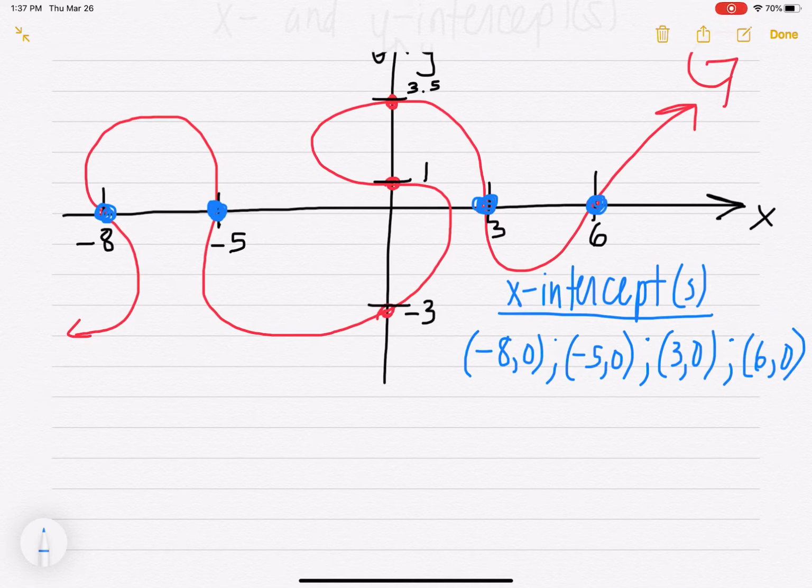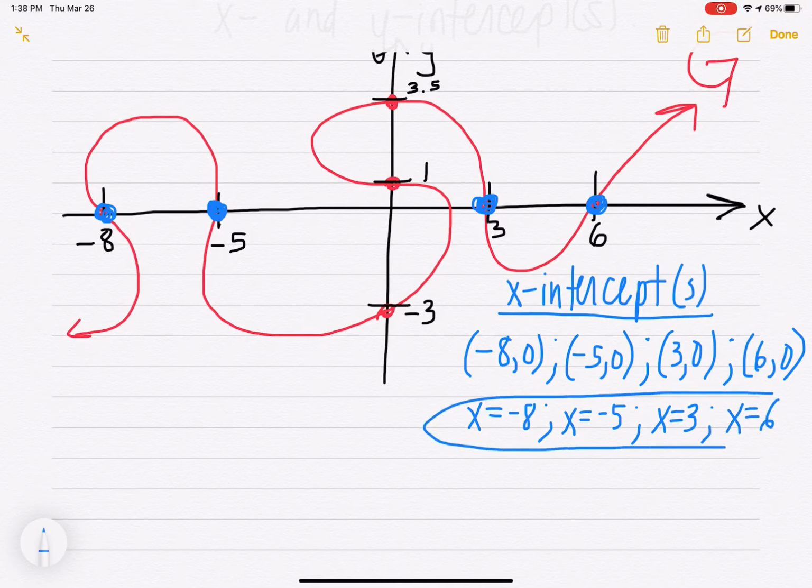That's traditionally the way it's been done, but more and more, textbooks are now letting you just write the x-coordinate. So you can write x equals -8, x equals -5, x equals 3, and x equals 6. So here's another way to do it. You can either write it using the x-coordinate method, which I've circled here, or the ordered pair method, which I put in the box above. Either one is fine.